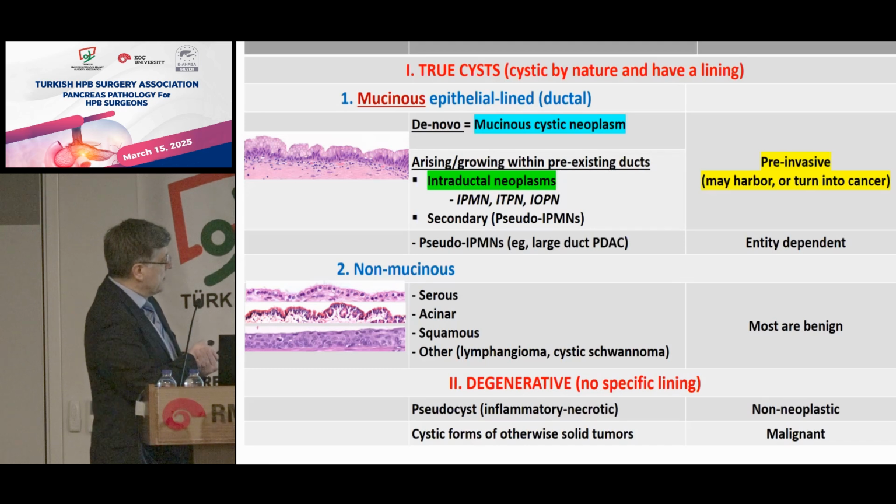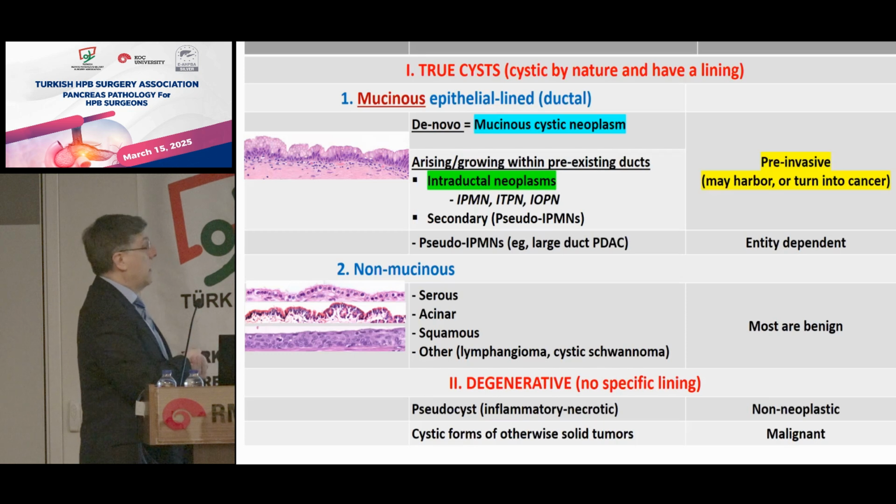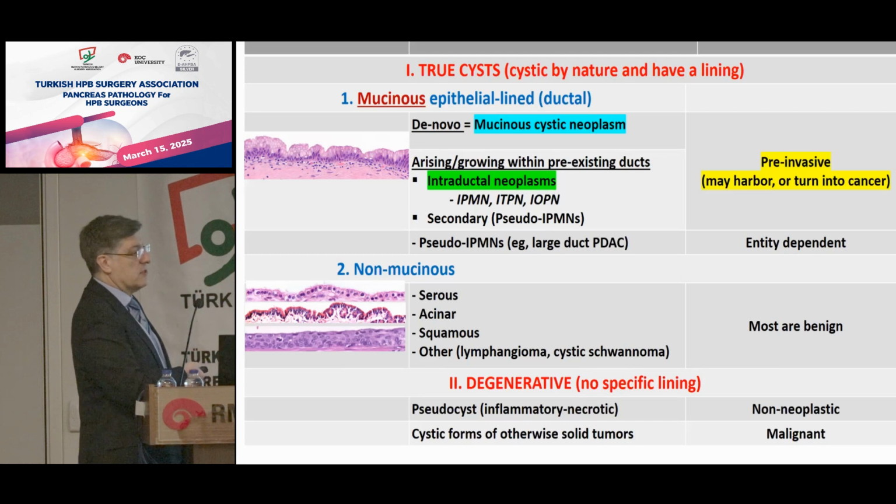The true cysts mostly proved to be mucinous in nature, and we mentioned very common cysts in the pancreas. Most of them proved to be actually this mucinous group and IPMNs. We'll go into the details of the classification of these further, but the important thing to recognize is that these are pre-invasive, precancerous lesions. They may have cancer at the time of diagnosis, or they may develop into cancer in time.